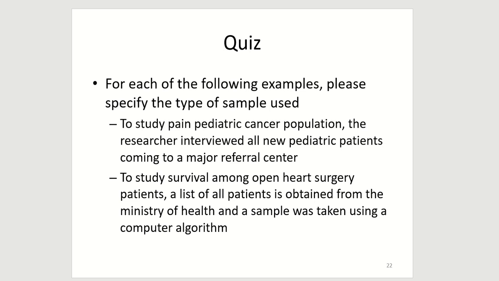Had we said that the list was first divided into men and women, even if we didn't use the term stratified, and then a random sample was obtained from men and a random sample from women, that would still be a stratified random sample.